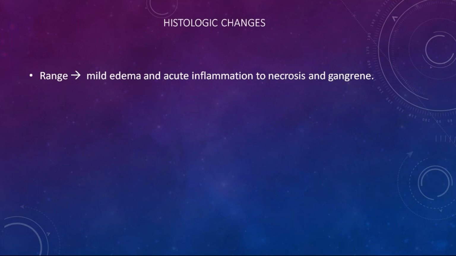If at this stage you start the patient on IV antibiotics and NSAIDs, there is about a 90% chance of treating the patient without any major hospitalization. After mild edema, there is an acute inflammatory phase which leads to necrosis and gangrene of the gallbladder.